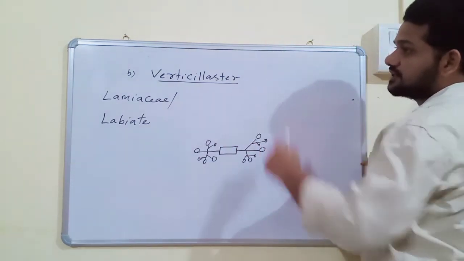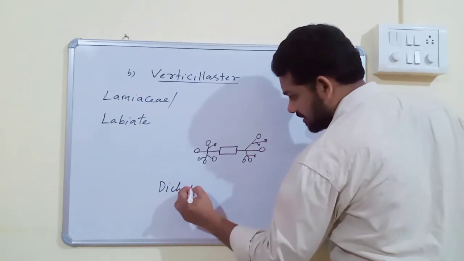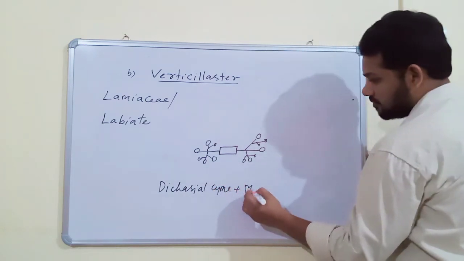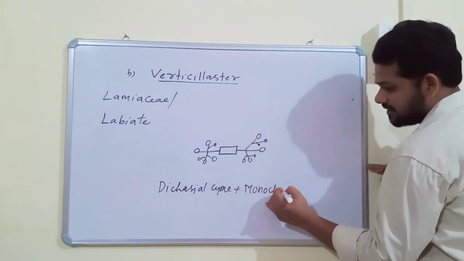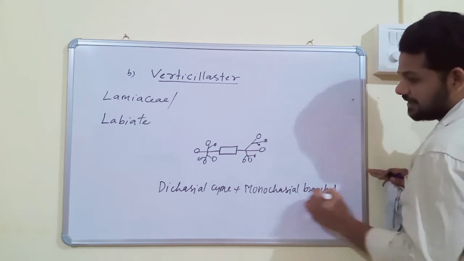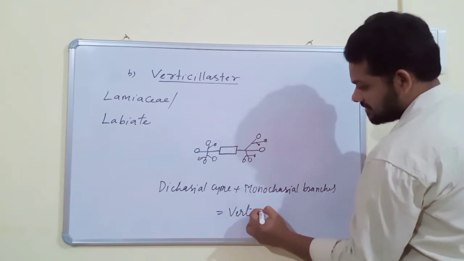This type of inflorescence is called verticillaster. Simply, it is a dichasial cyme plus monochasial branches.